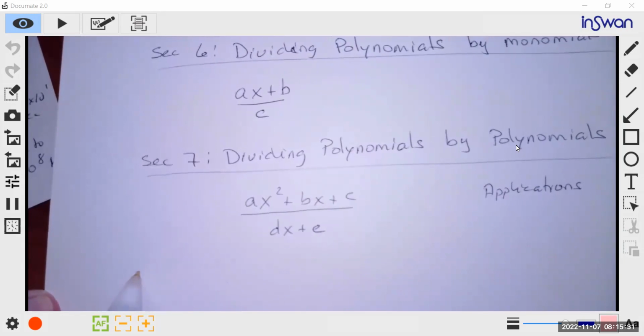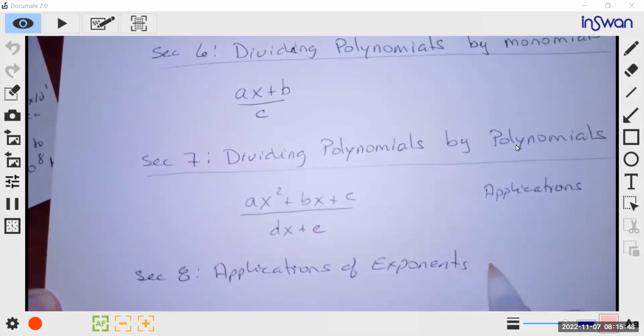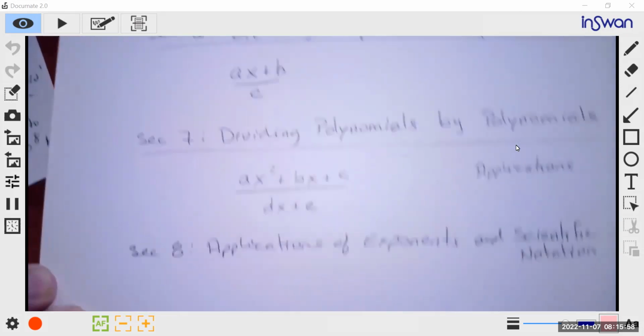And then the last section of this chapter deals with applications of exponents and scientific notations.